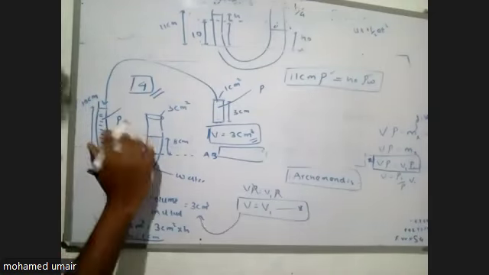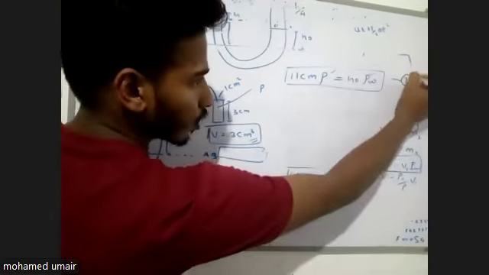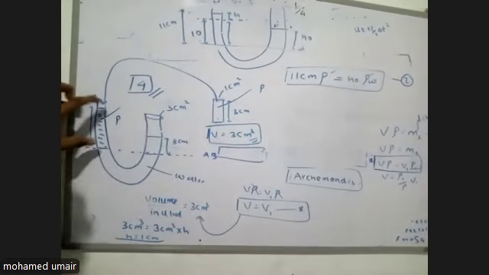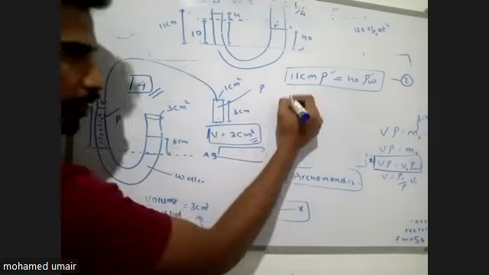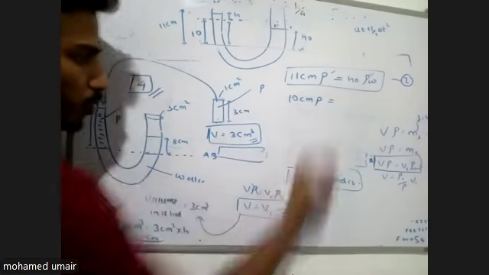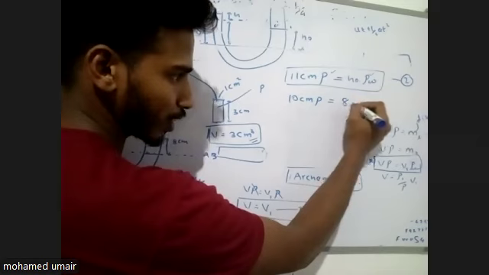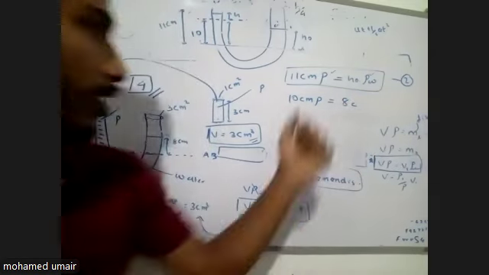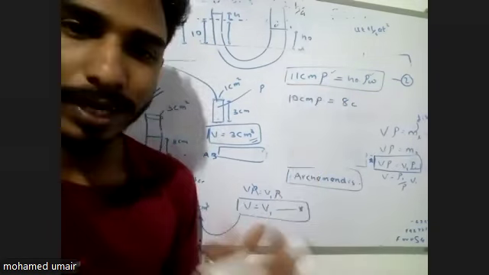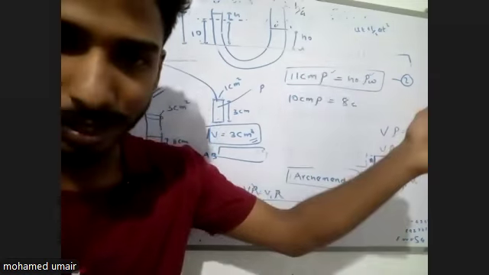Now try to write it directly, okay? Let's say this is from 2. From 1, I'm going to write an expression: 10 centimeter times rho is equal to 8 centimeter times rho W. Now, another thing is, if you're doing a structured or essay question, you have to convert centimeters to meters.